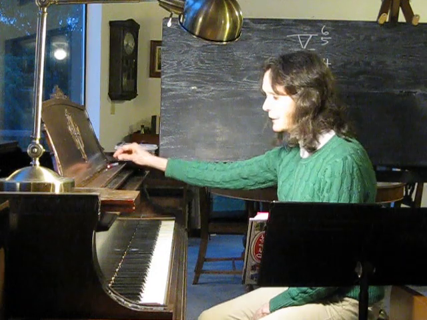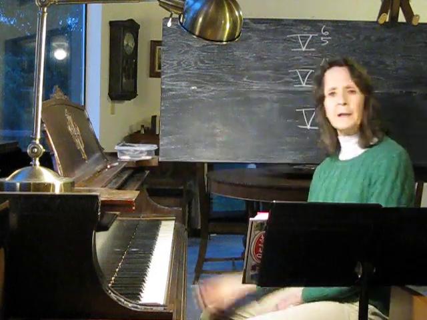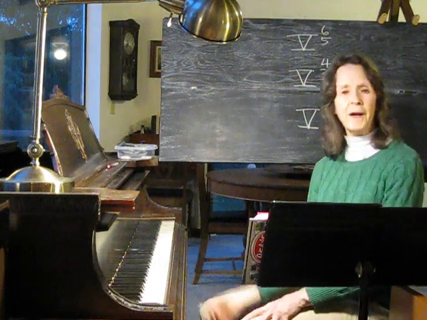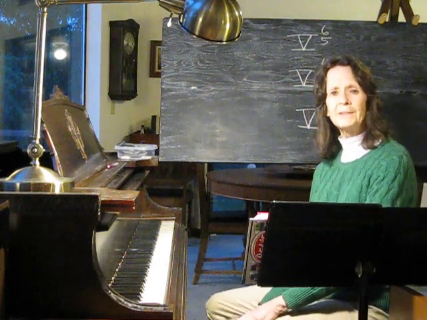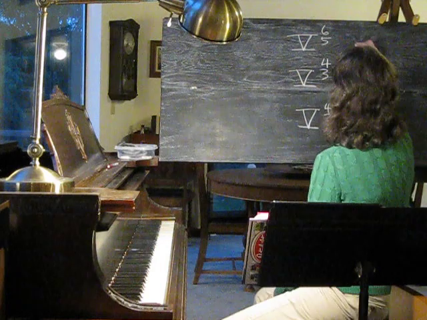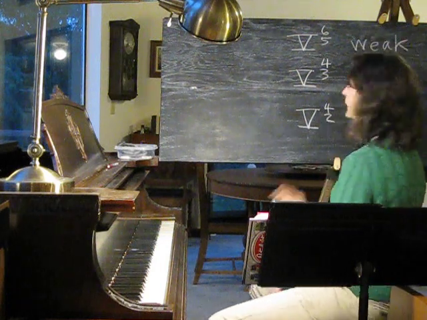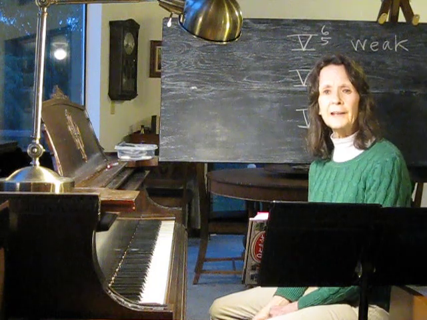Okay? So now let's just review this. What are the 3 characteristics of the 3 inversions? First of all, the 5/6/5, do you remember? It's in a weak position in the phrase. How about the 5/4/3?